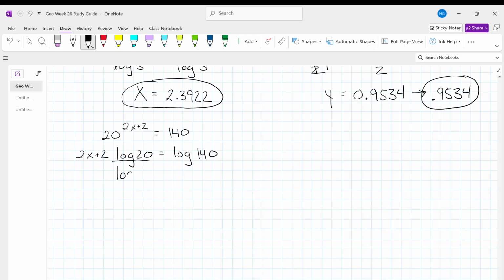Divide by log 20. So this all cancels, and the 2x plus 2 is equal to 140 log divided by 20 log equals 1.6496.